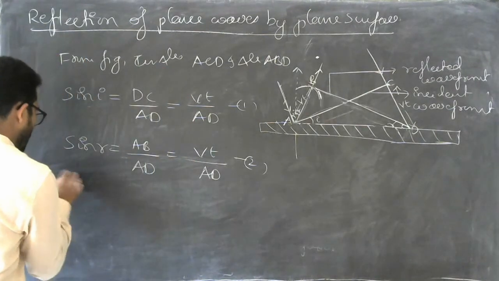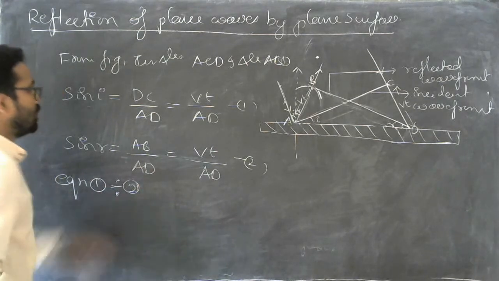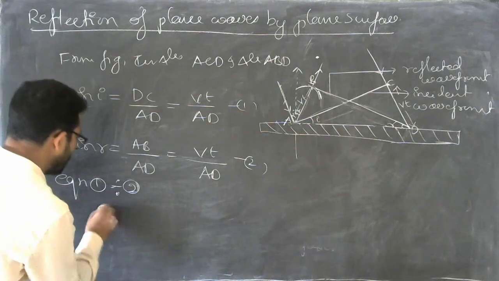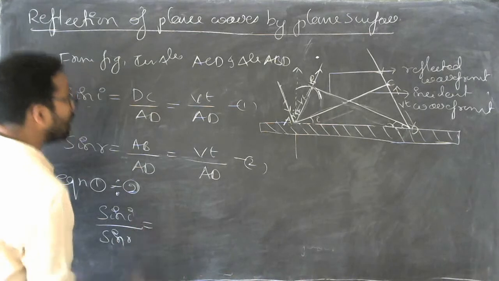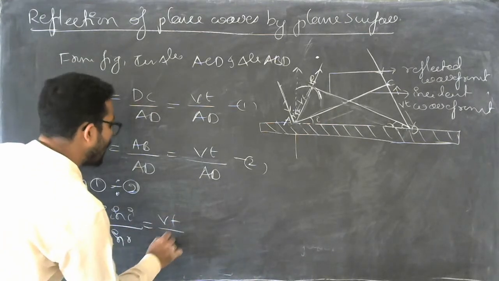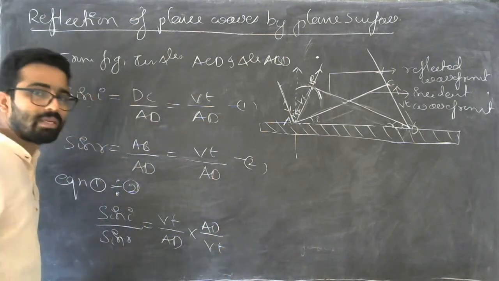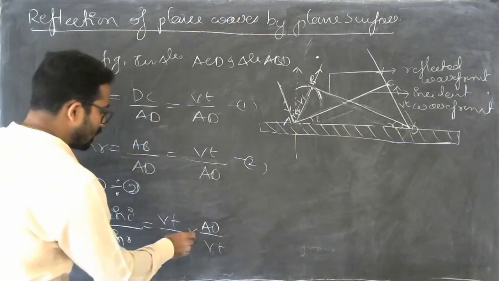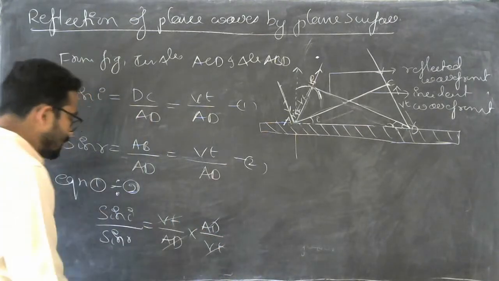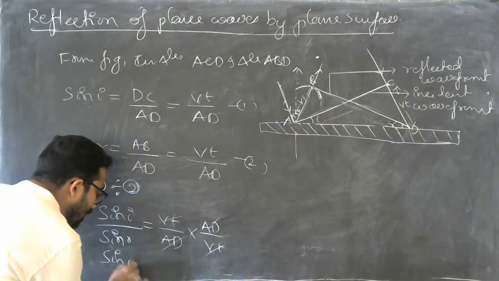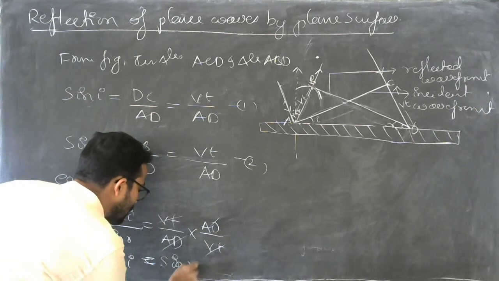Now divide the first equation by the second equation, so that what we get is sine I by sine R equal to VT by AD into AD by VT. So they cancel each other, and you get 1. So sine I is equal to sine R.